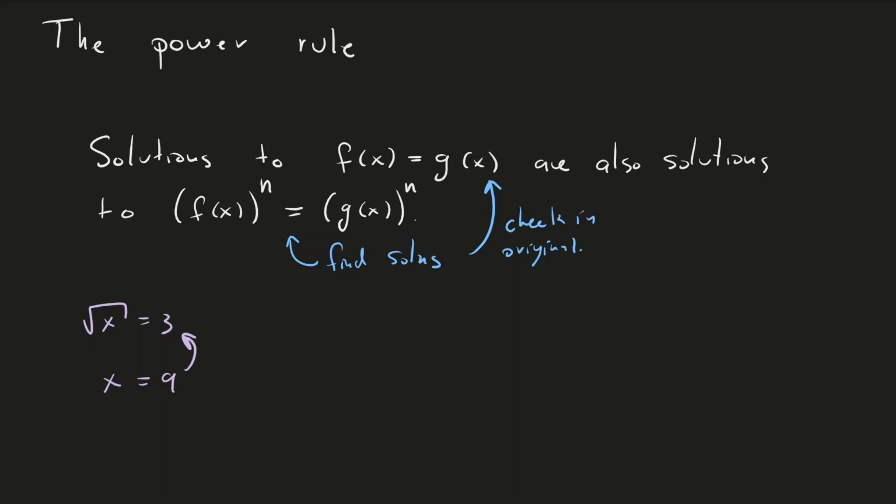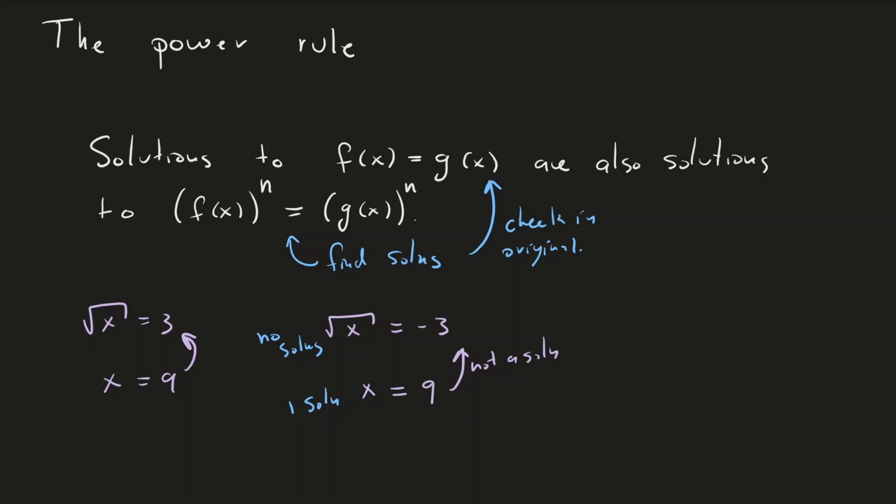But the solutions to the square root of x is equal to negative 3, which when you take the squaring goes to x is equal to 9, this is not a solution. And so the statement here is still true: this thing has no solutions, and this thing has one solution. So the solutions to the original one are none, while the squared equation x is equal to 9 has more.